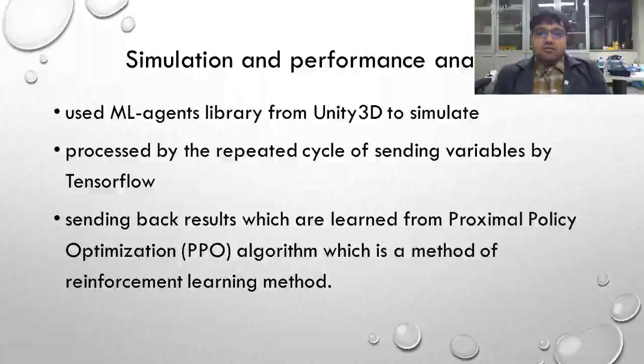And the algorithm used for the reinforcement learning agent to learn is called proximal policy optimization. Usually you can see the shortened abbreviation for this algorithm, PPO. And there is another improved algorithm called proximal policy optimization 2.